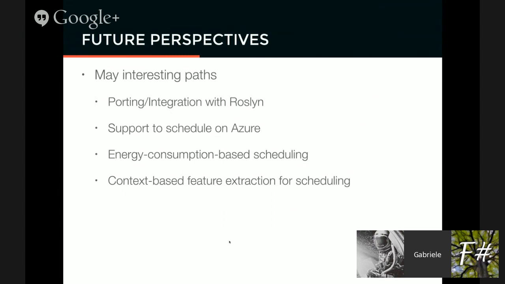We have a lot of features in perspective for FSCL, for example, handling parallel execution on cloud computing, on Azure, or scheduling on the devices with an energy consumption based approach instead of a completion time approach.